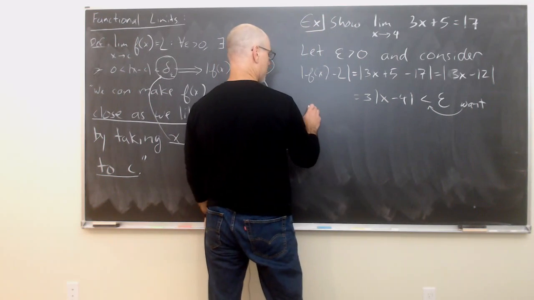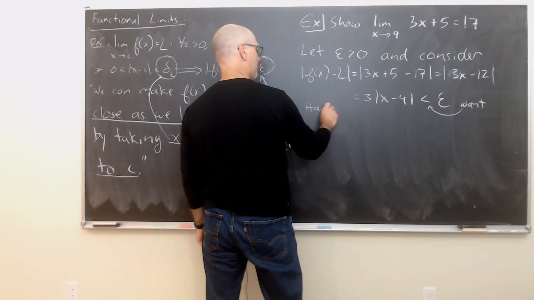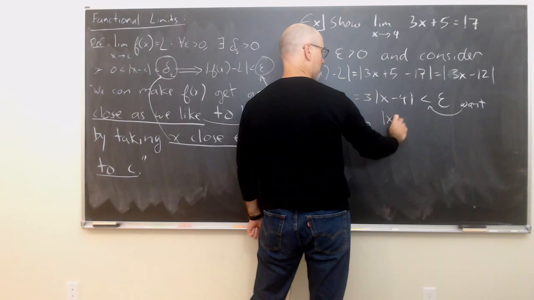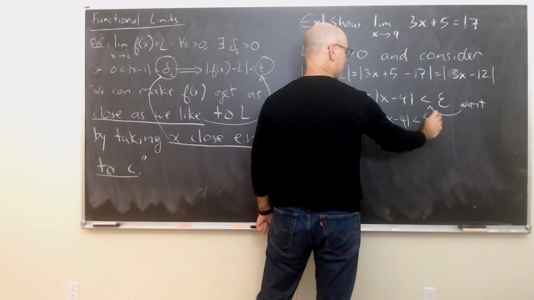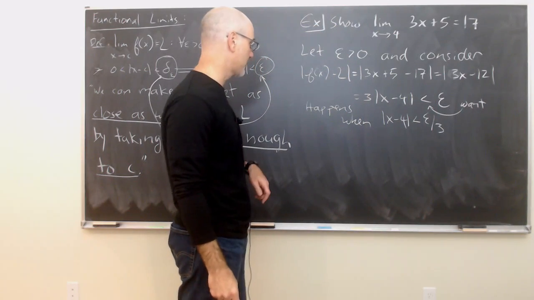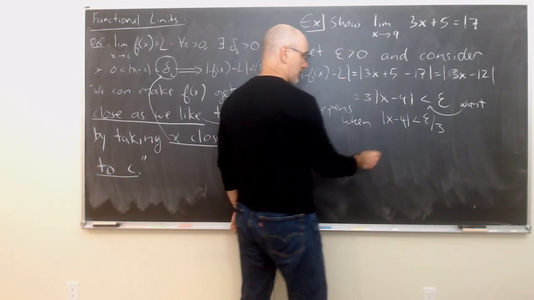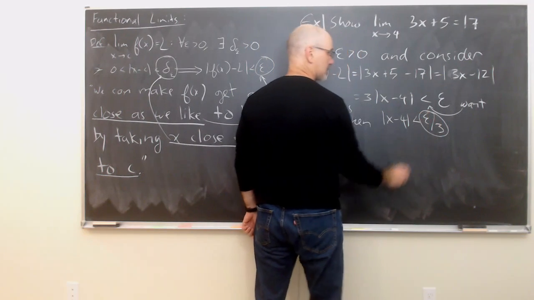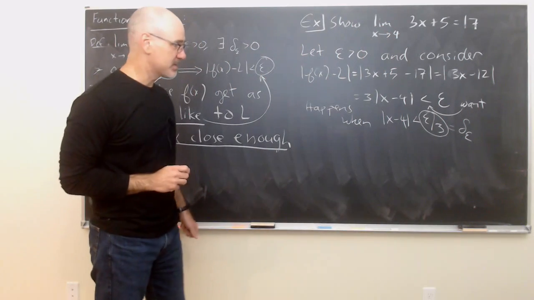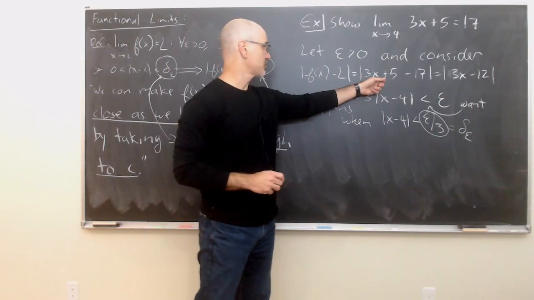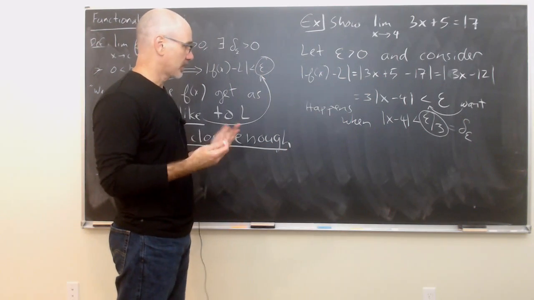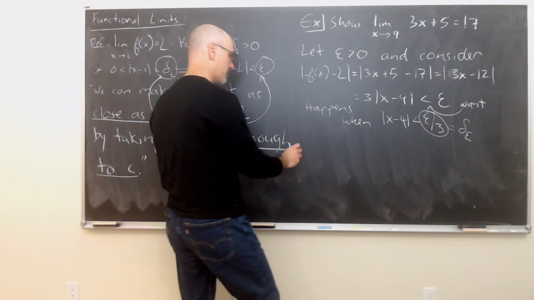This happens when x minus 4 is less than epsilon over 3, right? I've just divided both sides of the desired inequality by 3. And that reveals our delta. That's how close x needs to get to 4 in order to make 3x plus 5 within epsilon of 17.